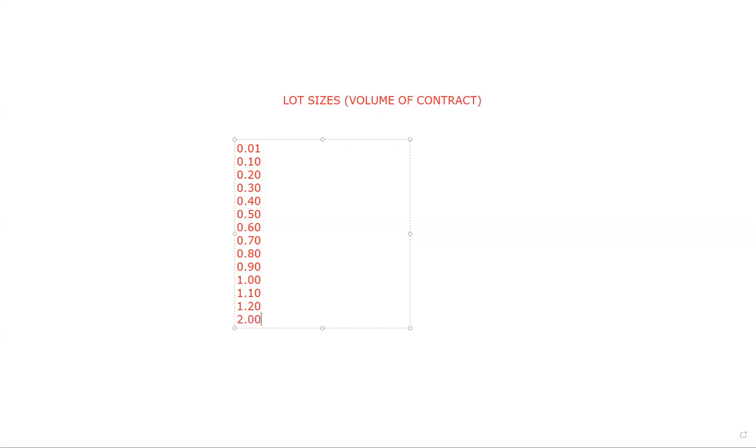Then from there to 2.01, 2.02, 2.03 in that order. So that is how the lot sizes are arranged in numerical order from 0.01 up to infinity.